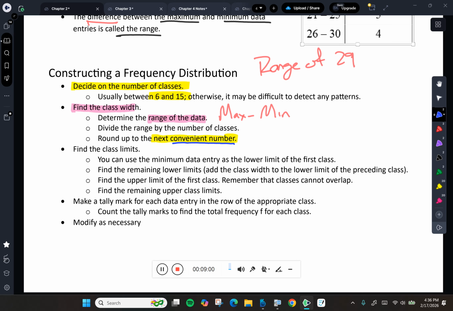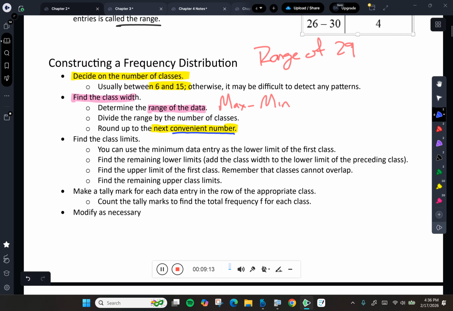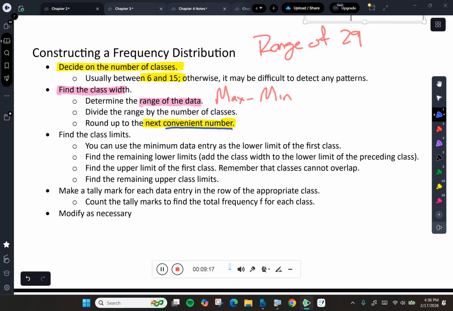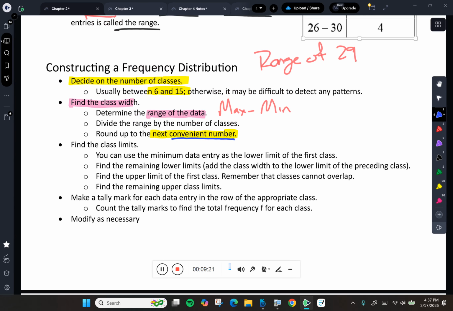So let's say that my data was the price of candy bars, and all of those prices were accurate to the penny. Then, when I was rounding to make my frequency distribution, I would round to the penny. I wouldn't round to the dollar because all of my data is in the pennies.